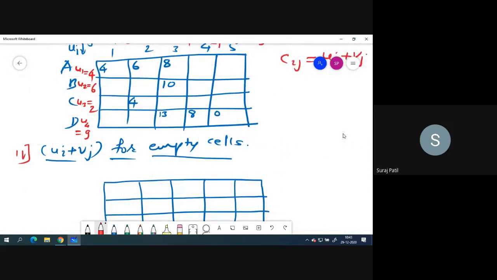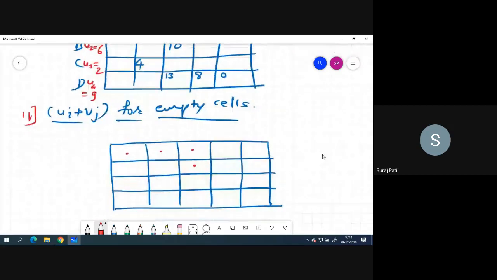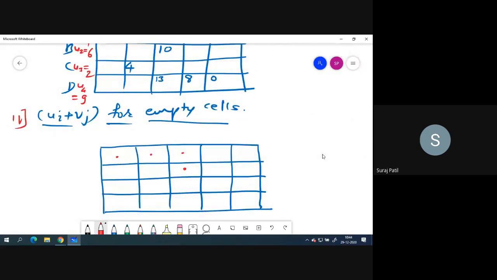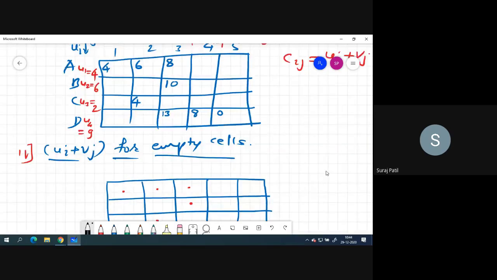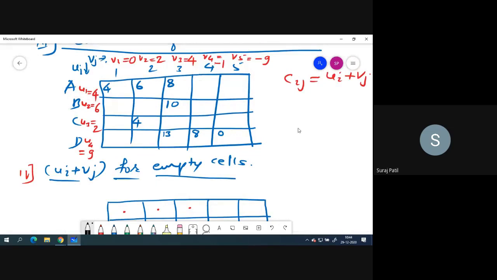So I'll put a red mark in the allocated cells. So these are allocated cells. Now I'll add the values for empty cells, that is Ui plus Vj. Just see here. So here minus 1 plus 4, it is 3.